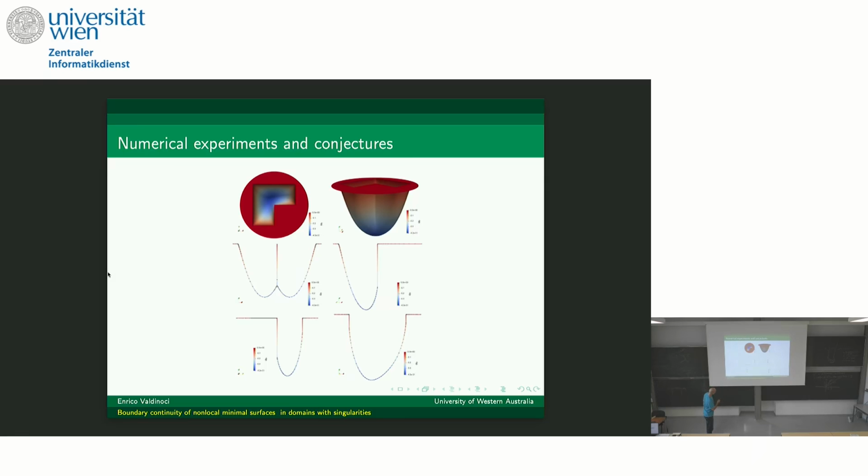So here the jump is from 0 to a negative value. Okay, so stickiness seems to occur at this point, at the center of the picture, but not at these two extremal points. This one, I think, is the section along one of the short sides of the L shape.